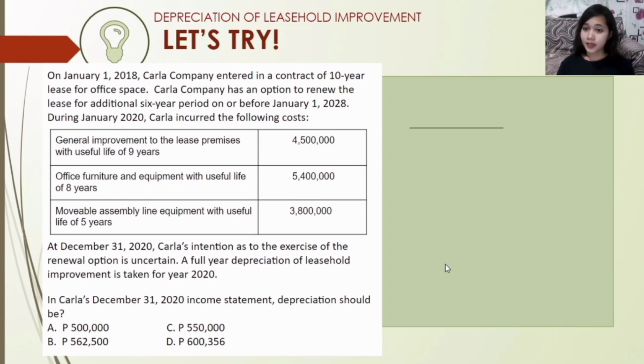On January 1, 2018, Carla Company entered into a contract of a 10-year lease for office space. Carla Company has an option to renew the lease for an additional 6-year period on or before January 1, 2028. During January 2020, Carla incurred the following costs: improvement to the lease premises with useful life of 9 years, which is 4,500,000; office furniture and equipment with useful life of 8 years; movable assembly line equipment with useful life of 5 years.